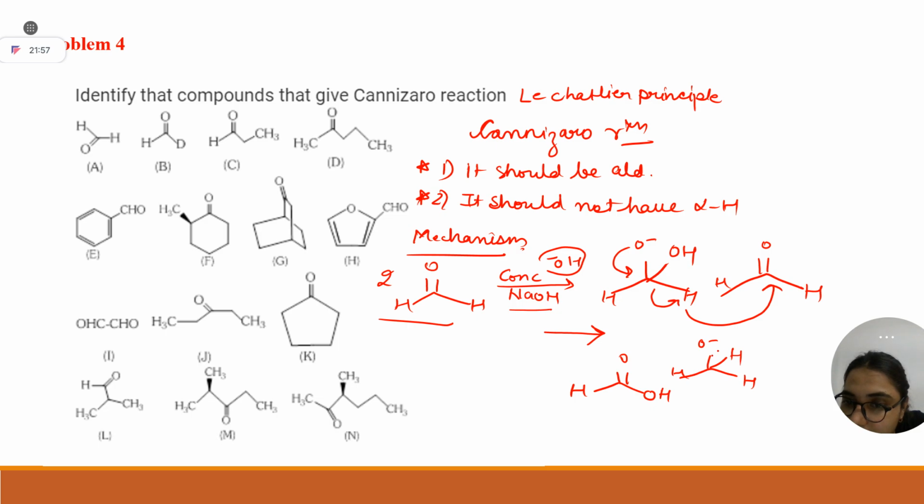Now obviously this O negative will abstract this proton from here, and at last you will get HCOO negative plus this alcohol. Right or wrong? Correct?